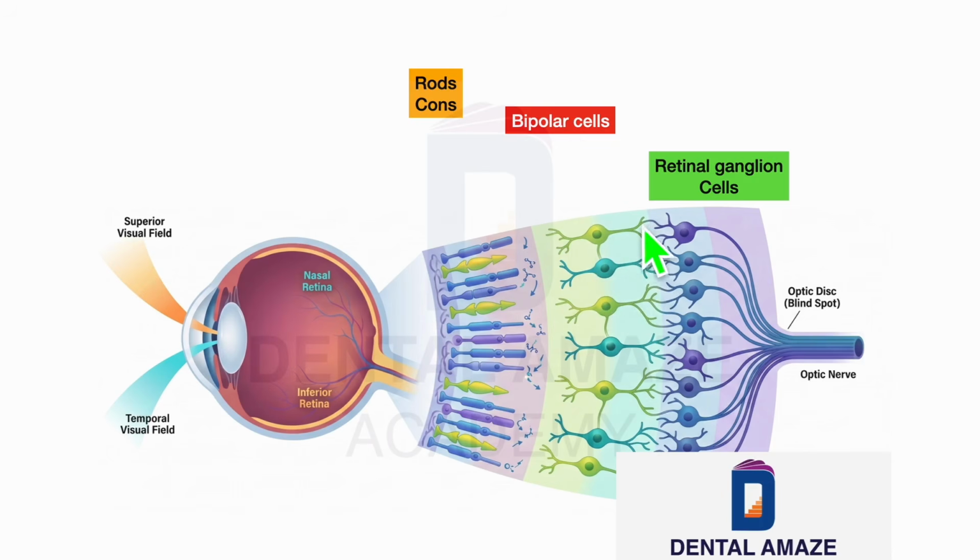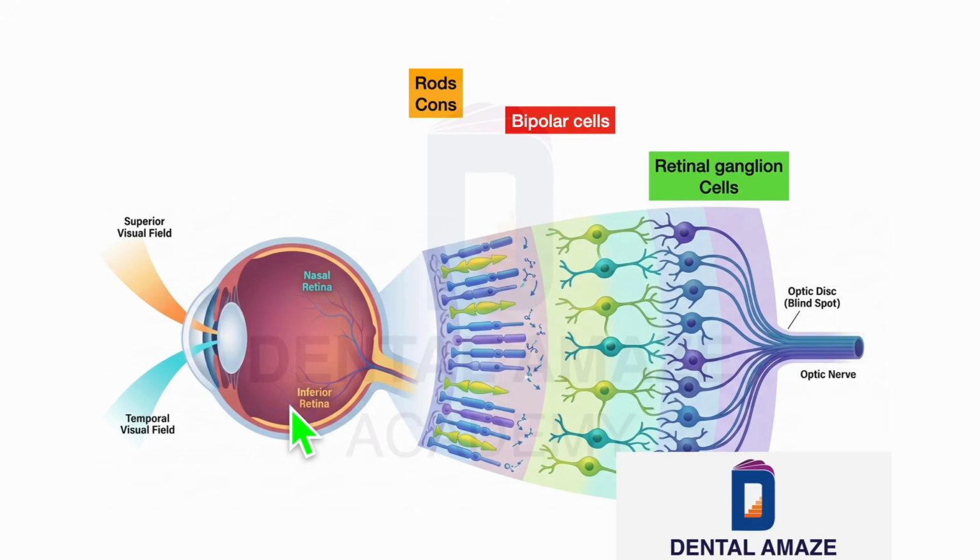Okay, bipolar cells, then it goes on to the retinal ganglion cells. What is important here is I'll tell you later on what is first order, second order neurons, but yeah, just understand the basics first. Your retinal ganglion cells have an axon, and the axons combine together to form the optic disc and continue as an optic nerve. Simple. Okay, bipolar cells, retinal ganglion cells.